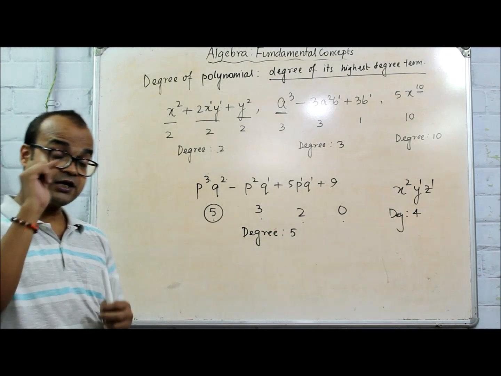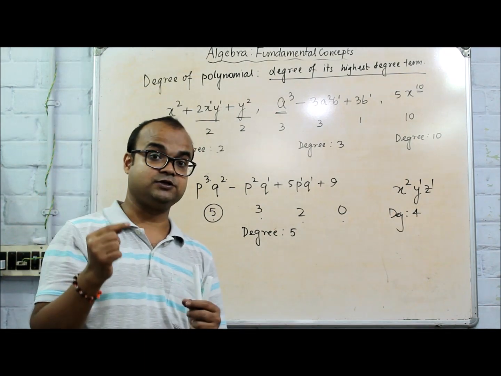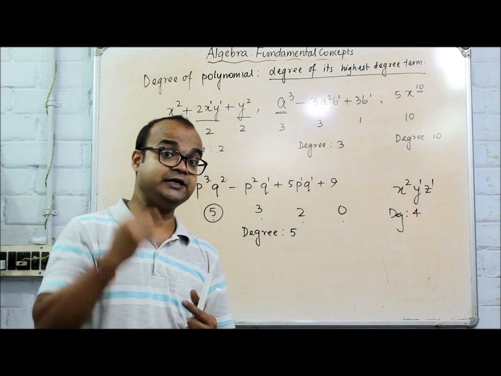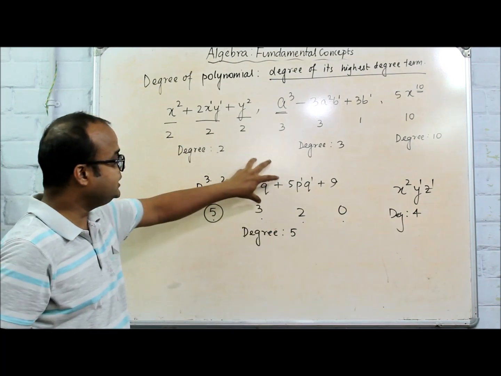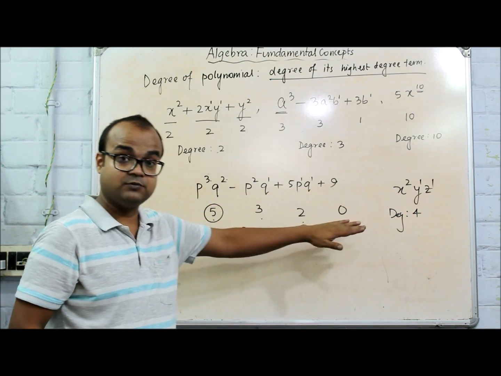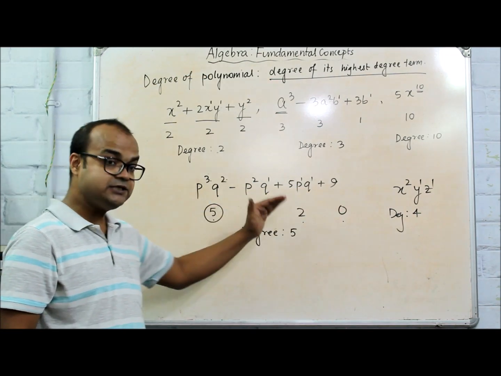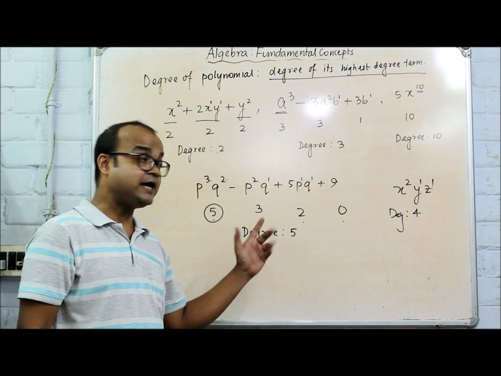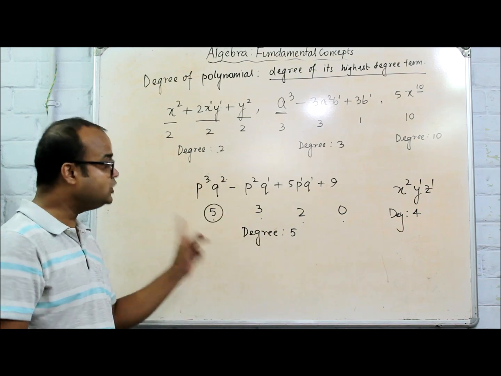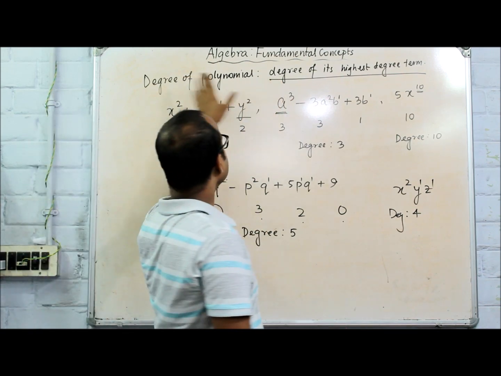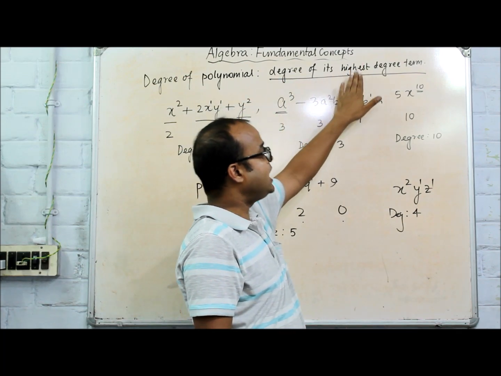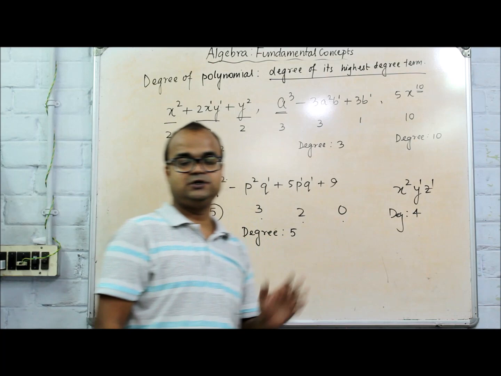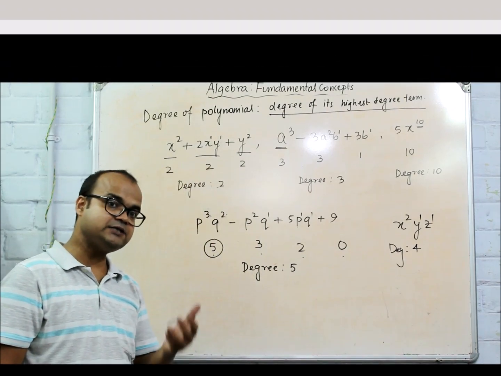So in case of more than one variable, we count the sum of the exponents to decide the degree of the individual term, and the highest degree is termed the degree of the polynomial. That's why we say degree of polynomial is the degree of its highest degree term.